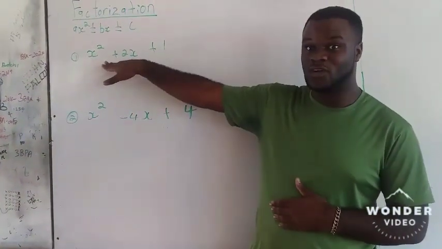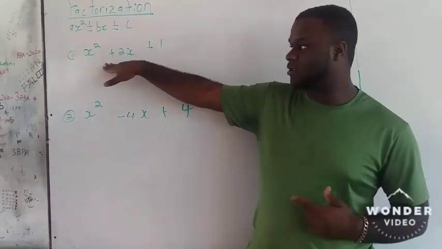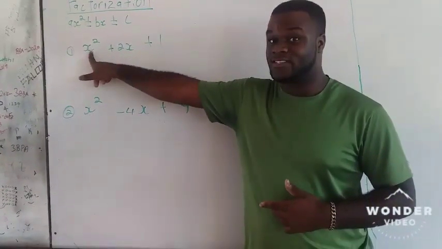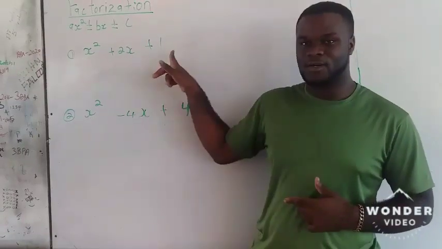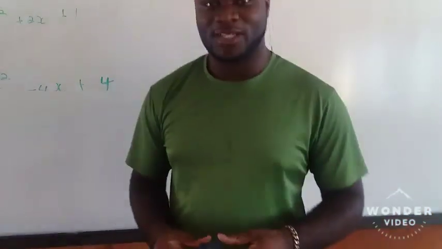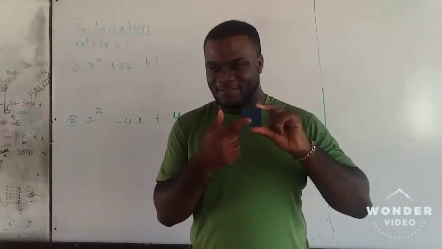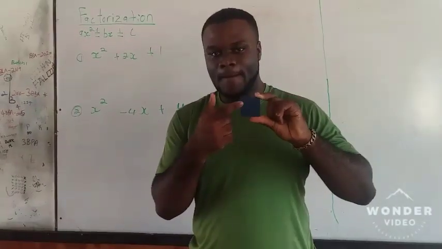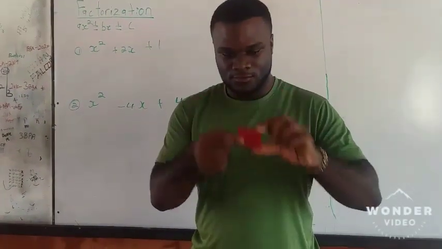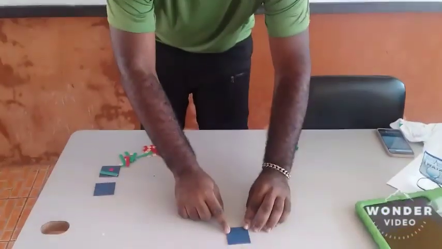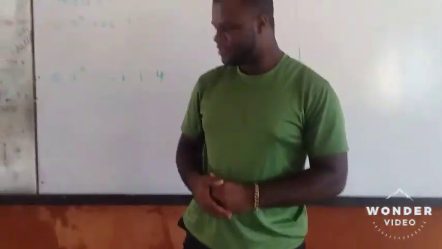First, we're going to use our algebra tiles to model the statement x squared plus 2x plus 1. So here we have our algebra tiles. And we know since x squared is positive, then we're going to use our blue. So I have my x squared plus 2x.